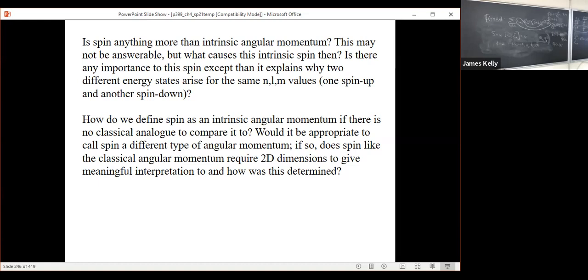Their spin angular momentum might be zero for each of those particles, but they're in a state of non-zero orbital angular momentum. So when there's decays or things like that, it's not that spin angular momentum and orbital angular momentum are separately conserved, but that the total angular momentum has to be conserved.